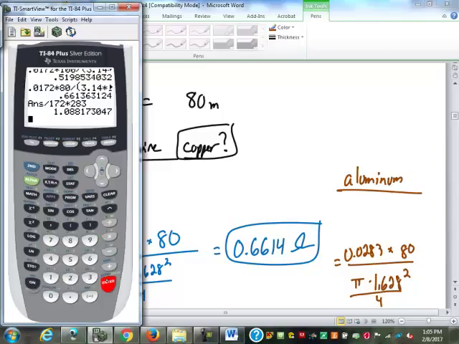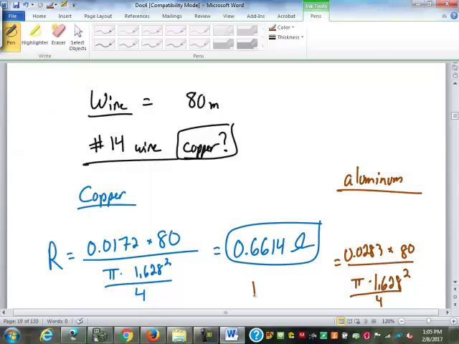Which is going to give us a resistance of, wait, 0.882 ohms. So you see it's not quite double, but it is close.